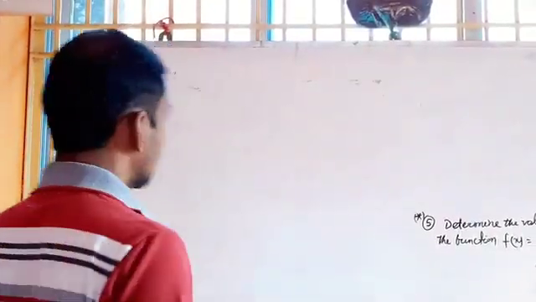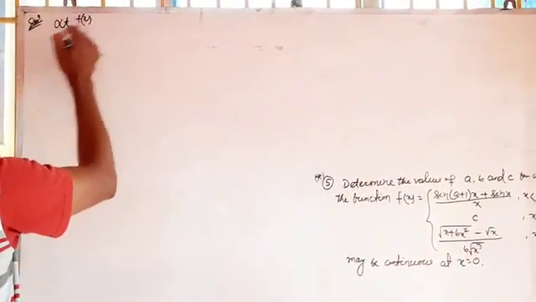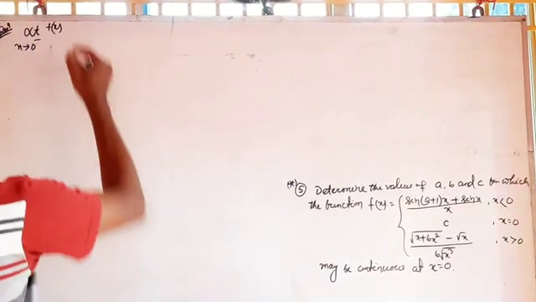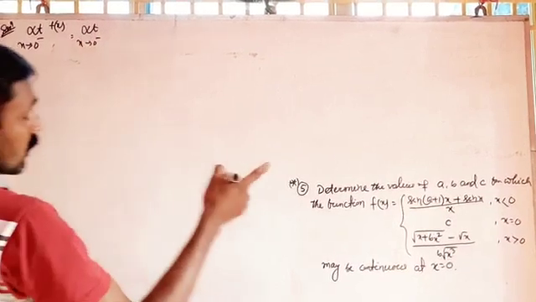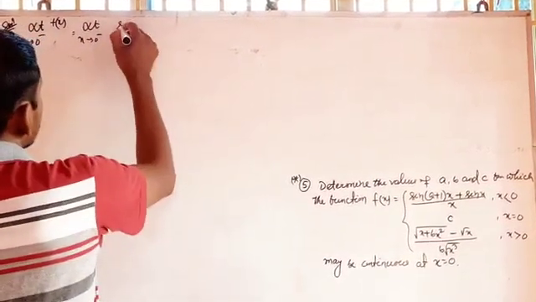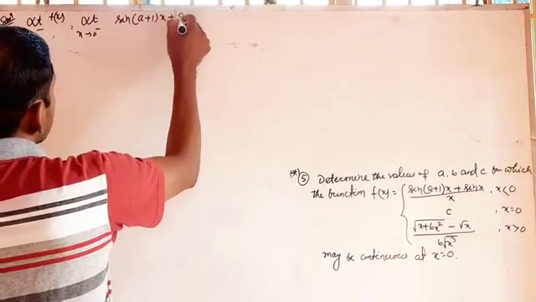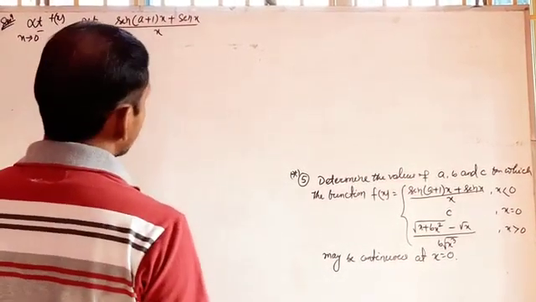Here also first left hand limit, x tends to 0 minus. Limit x tends to 0 minus, function is sin of (a plus 1) into x, whole divided by x.